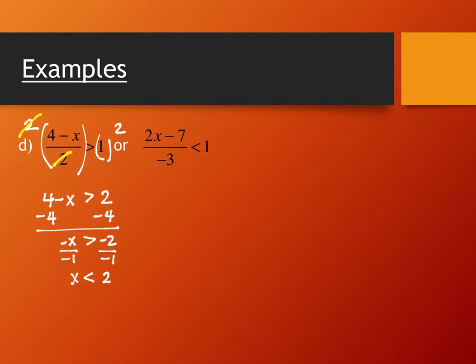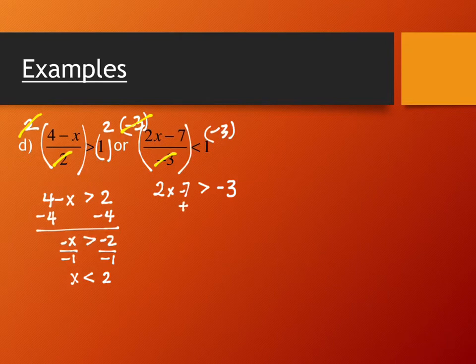Let's solve the other one, and then we'll talk a little bit about what the word or is doing for us. It's different. On the second one, we're going to multiply both sides by negative 3. No matter when I multiply by a negative, I've only done it at the end so far, but here I'm doing it at the beginning, I still have to flip the sign because I multiplied by a negative. You bet. So on the right, I have negative 3. On the left, the negative 3 is canceled, leaving me with the 2x minus 7 in the numerator.